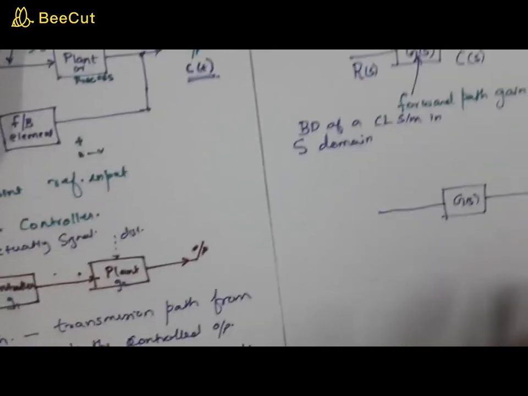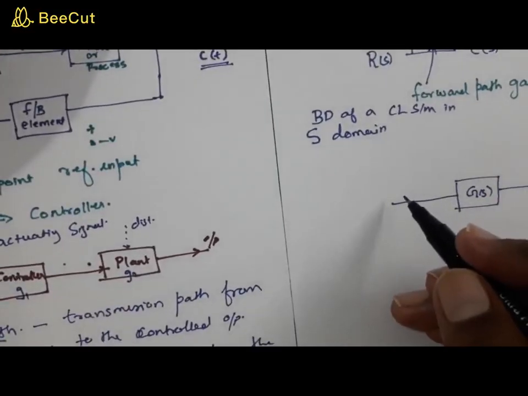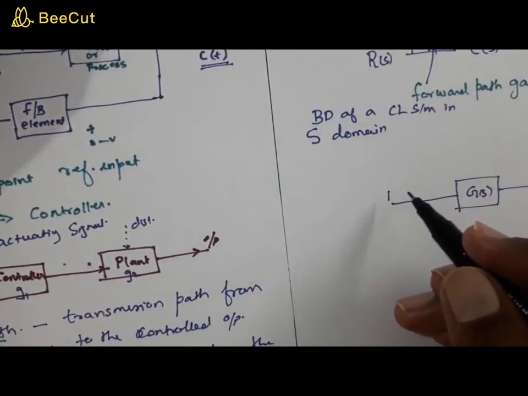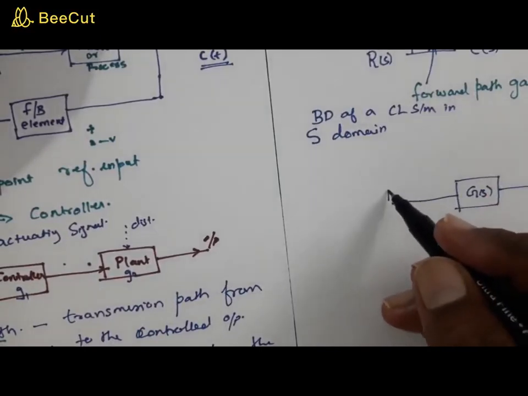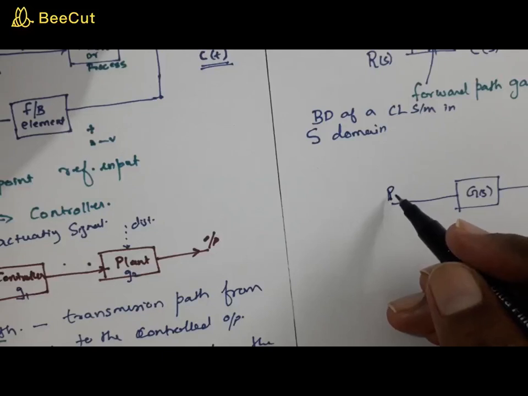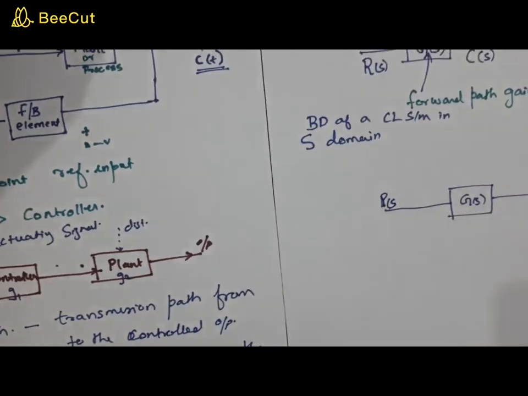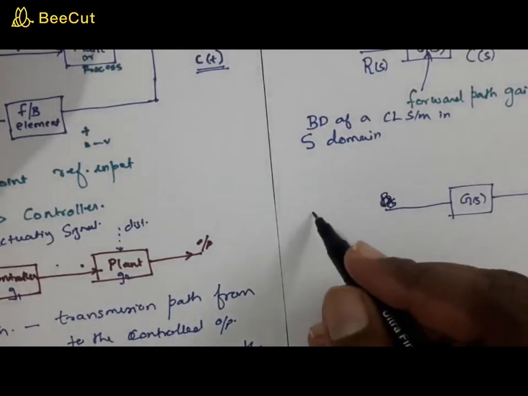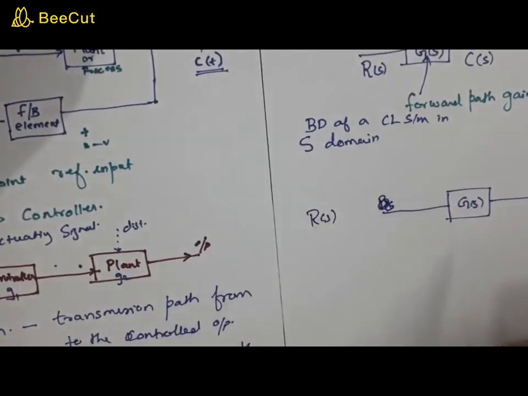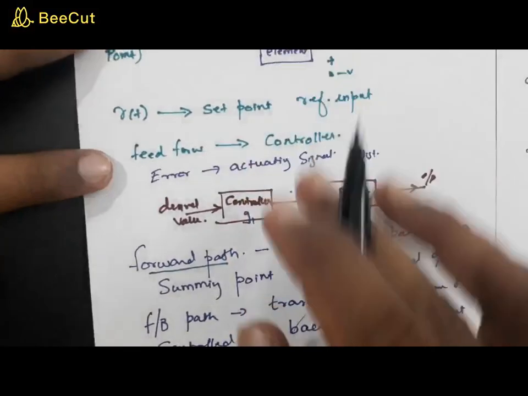Then here you have your R of S. Now what is the difference between the open loop and closed loop? There is a feedback, and the feedback comes to the summing point.